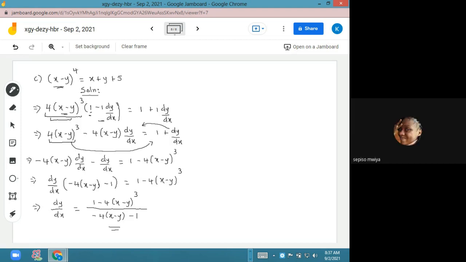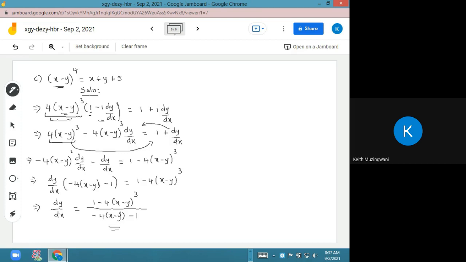Let's say if we expanded the 4 to the other side, it would be wrong. Like not touching (x minus y) to the power 3, but just expanding 4 times (y minus 1) to the power... This one here is to the power 3.